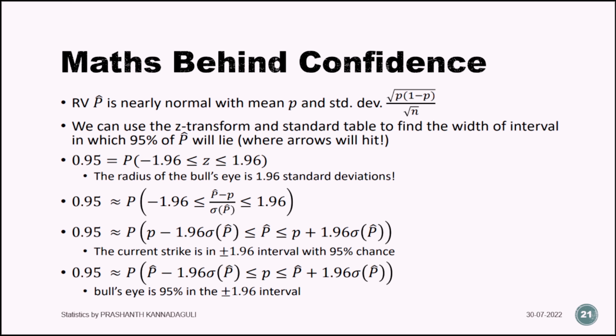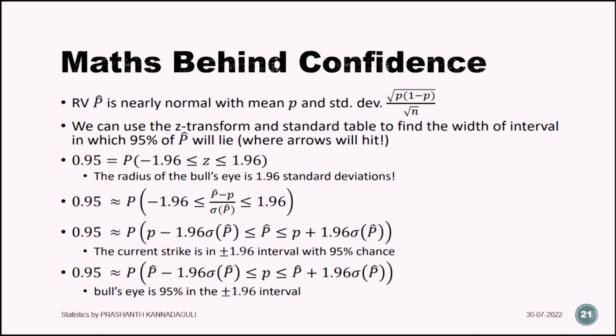We have already calculated this. It is normally distributed, because you are repeating the experiment a large number of times. It has a mean value equal to p, and it has a standard deviation denoted by this. Okay, I hope this is very clear.